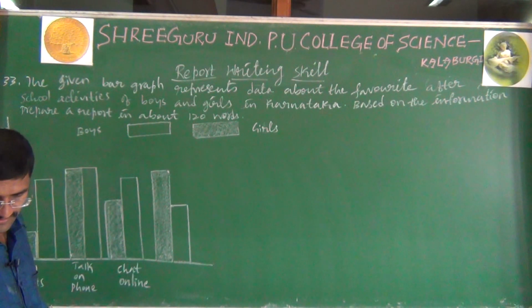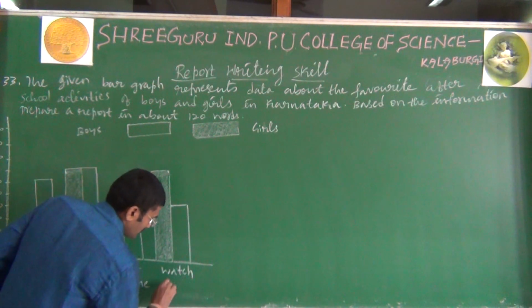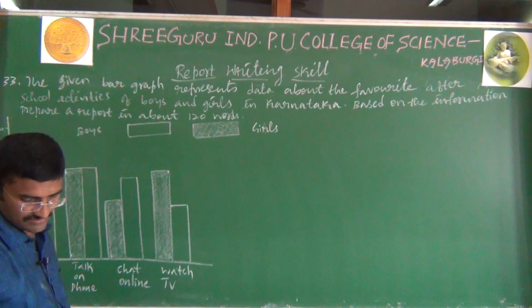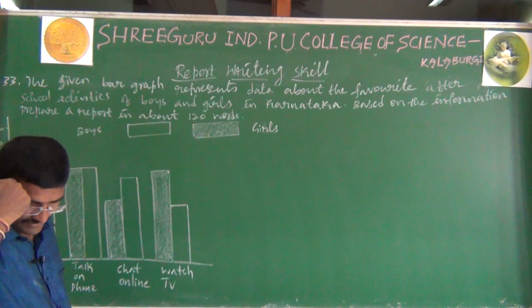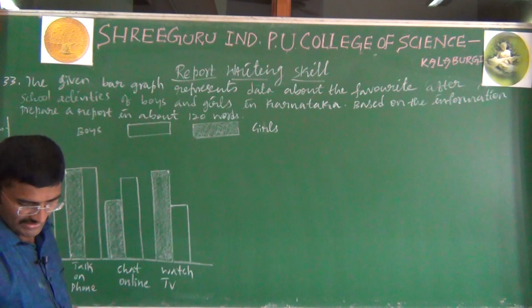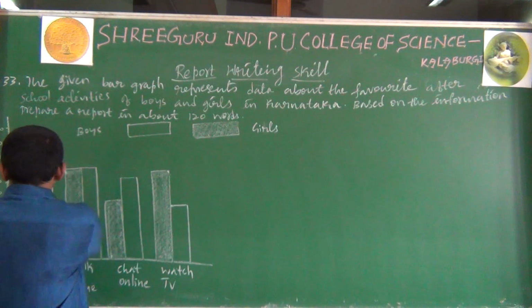Right, this is watch TV. And the last bars will give us the data on visiting friends. That is with 35%.